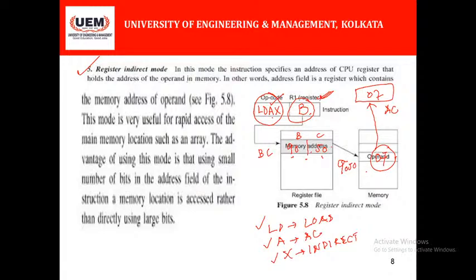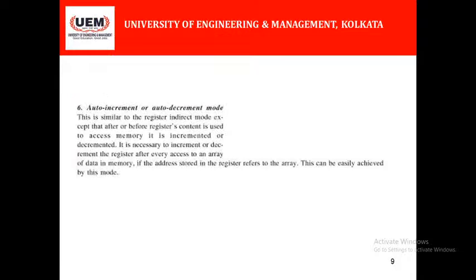After register indirect addressing mode, our next addressing mode is auto increment and auto decrement addressing mode. Auto increment addressing mode is similar to the register indirect addressing mode, except that after or before the register content is used to access the memory, it is incremented or decremented.